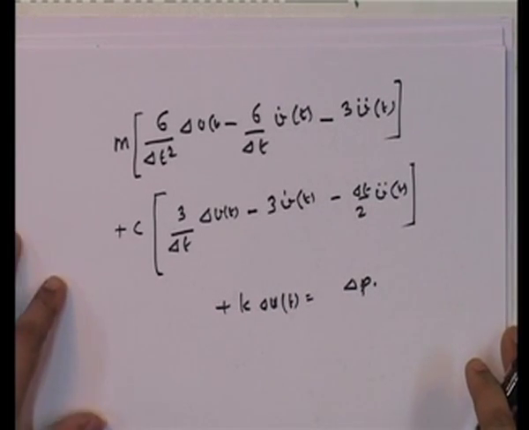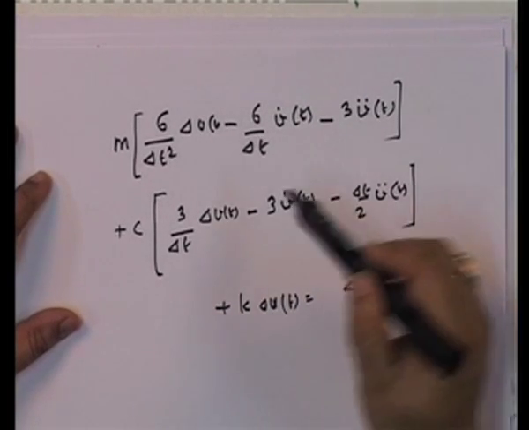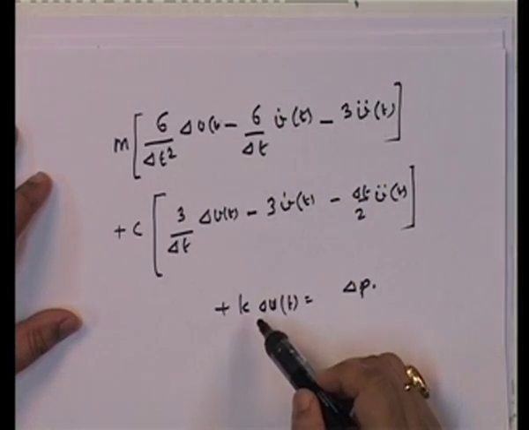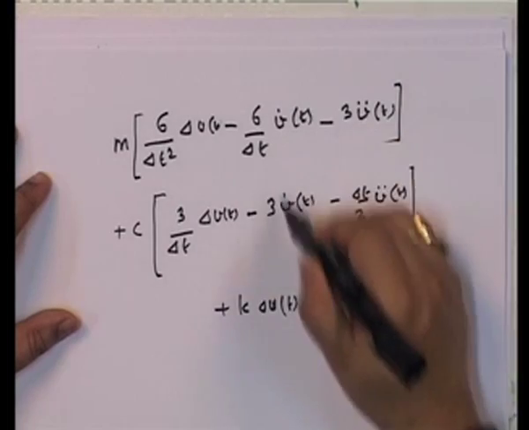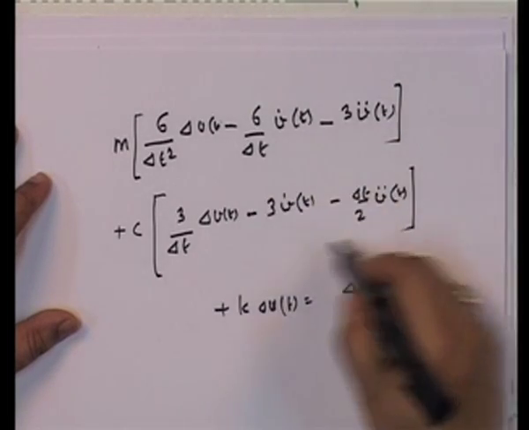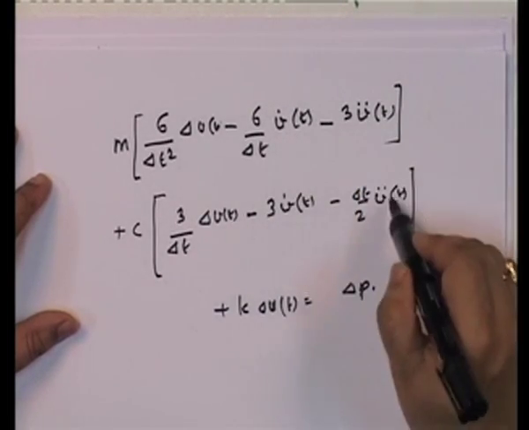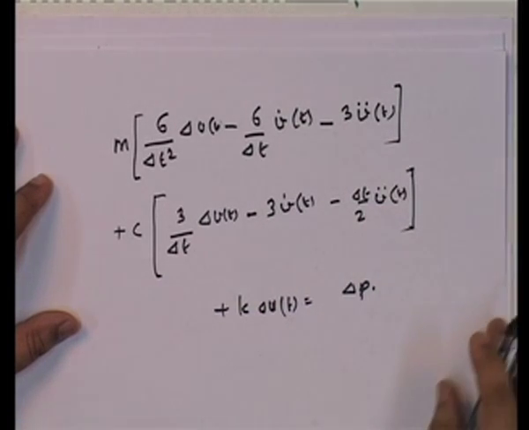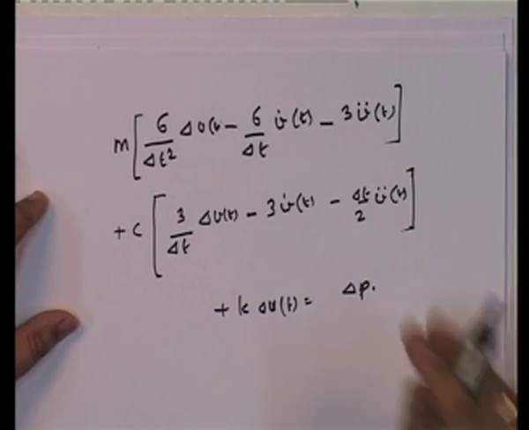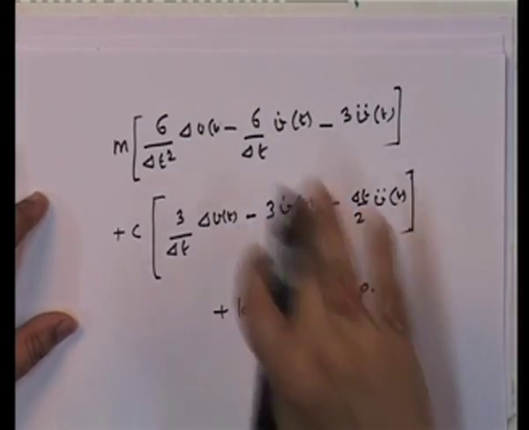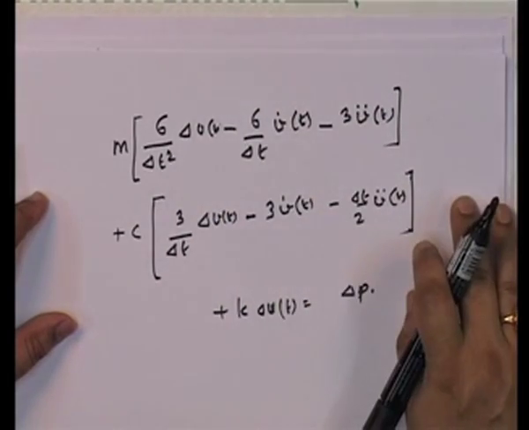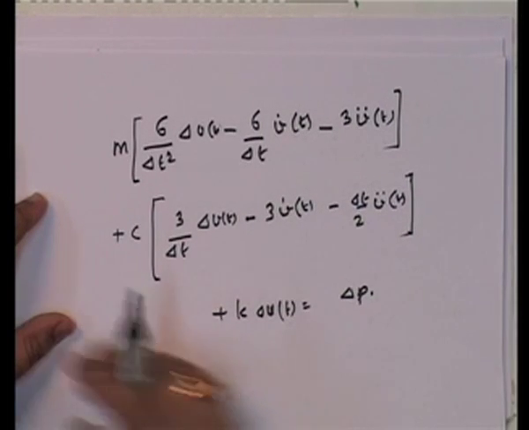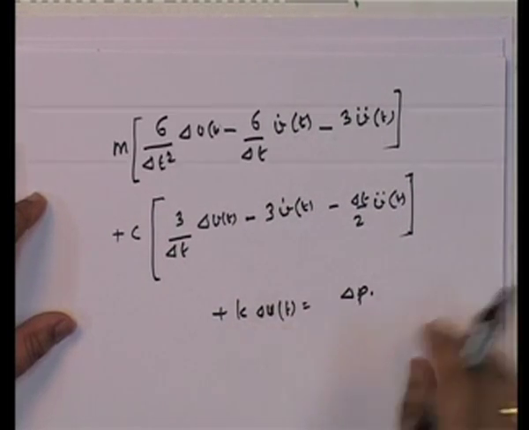Now, what I am going to do is, if you look at these terms, there are certain terms which have delta v in them, and there are certain terms which have the previous v dot and v double dot in them. Okay. So, essentially all the known terms I am going to put on the right hand side and leave the left hand side in terms of delta v.